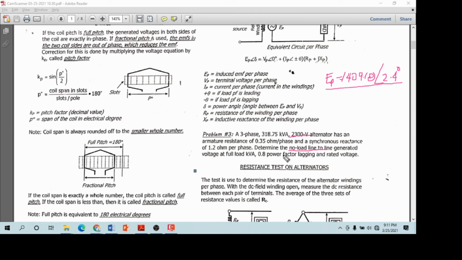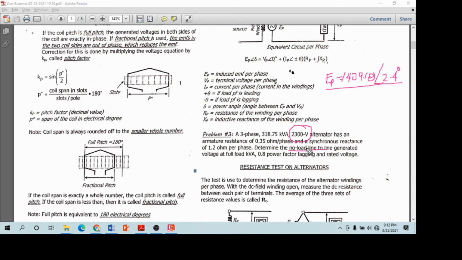So to differentiate the two, the 2,300 volts of the alternator, this voltage is at full load. At full load, the voltage will drop.